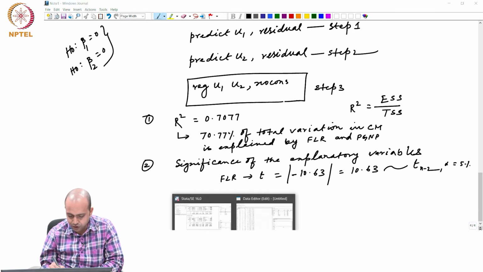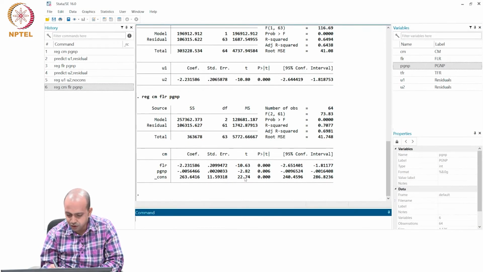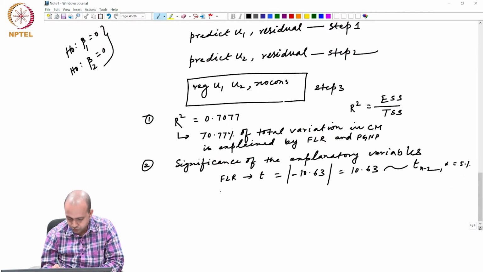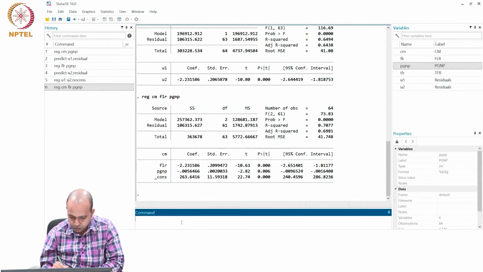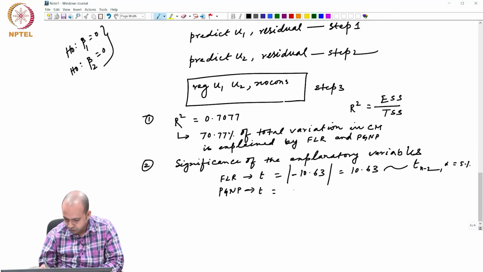Similarly, for the Pgnp, what is the t value? Minus 2.82. So, that means for Pgnp, the value is minus 2.82.